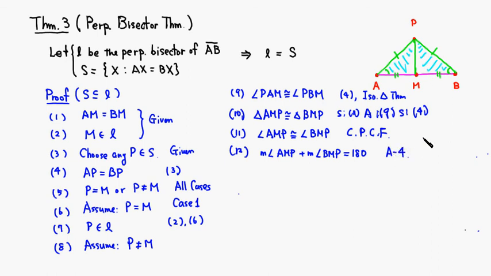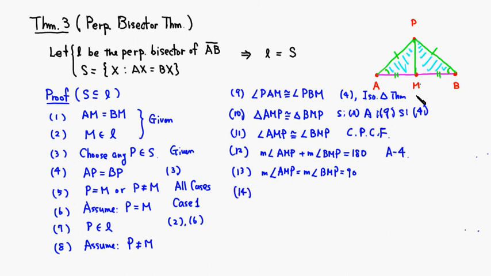But combining 11 and 12, since they are the same measure and the sum is 180, each one is 90. So we know that number 13, the measure of angle AMP is equal to the measure of angle BMP, which is equal to 90. So we know that here PM is a perpendicular bisector. So we have 14.